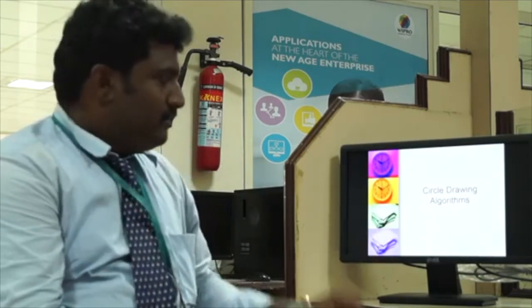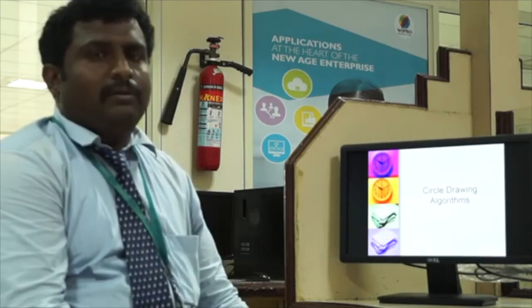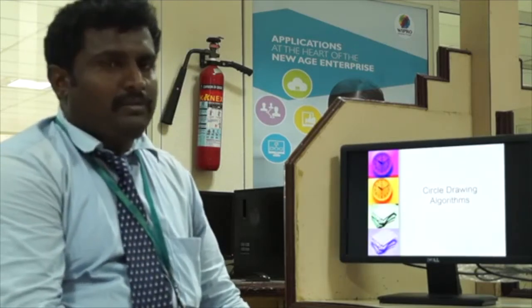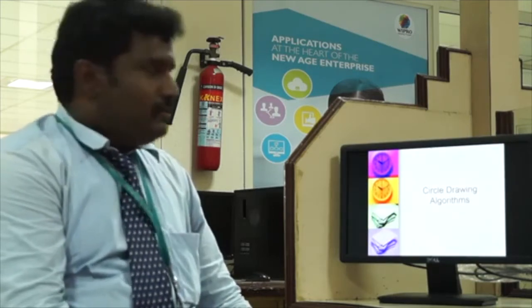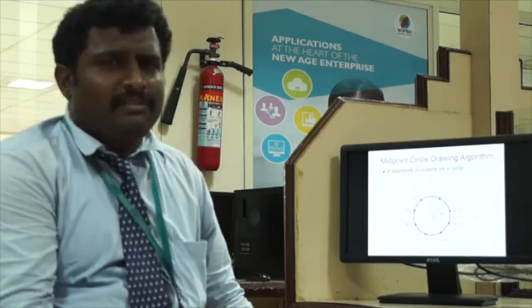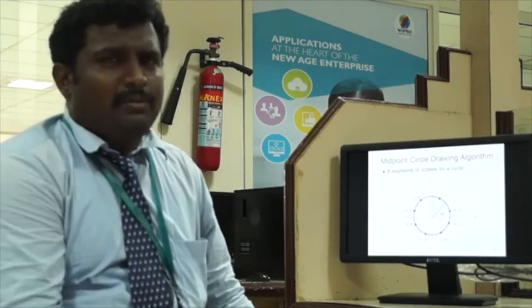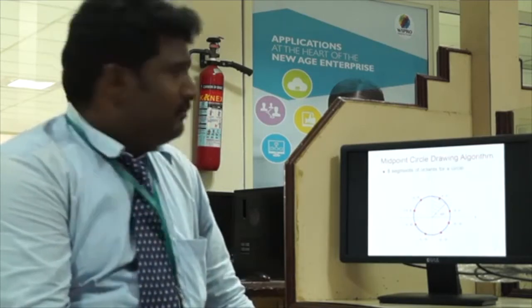For drawing a circle, we have an algorithm called the midpoint circle drawing algorithm, which is the most popular algorithm to draw a circle. We will discuss more about this algorithm in the upcoming session. Now I am here just to tell you what algorithms we will be using under 2D graphics.